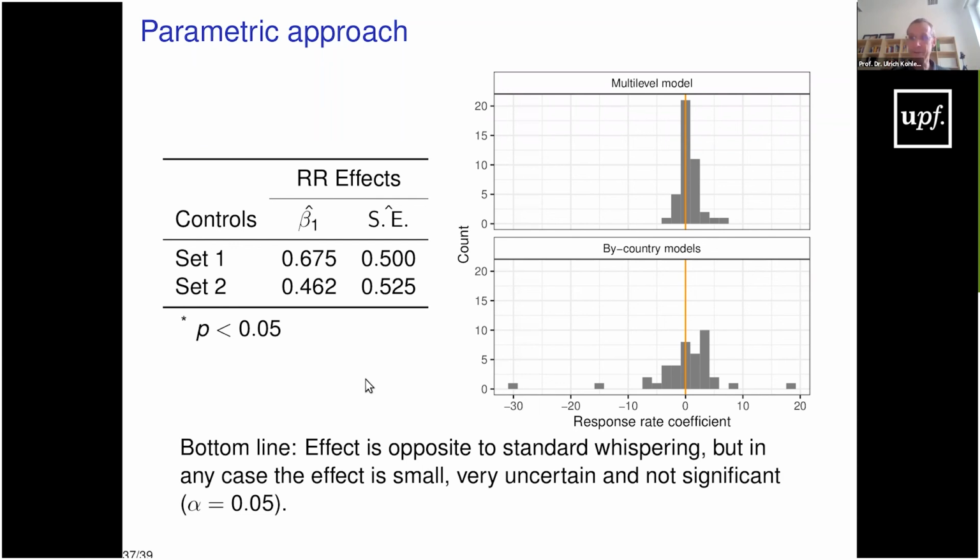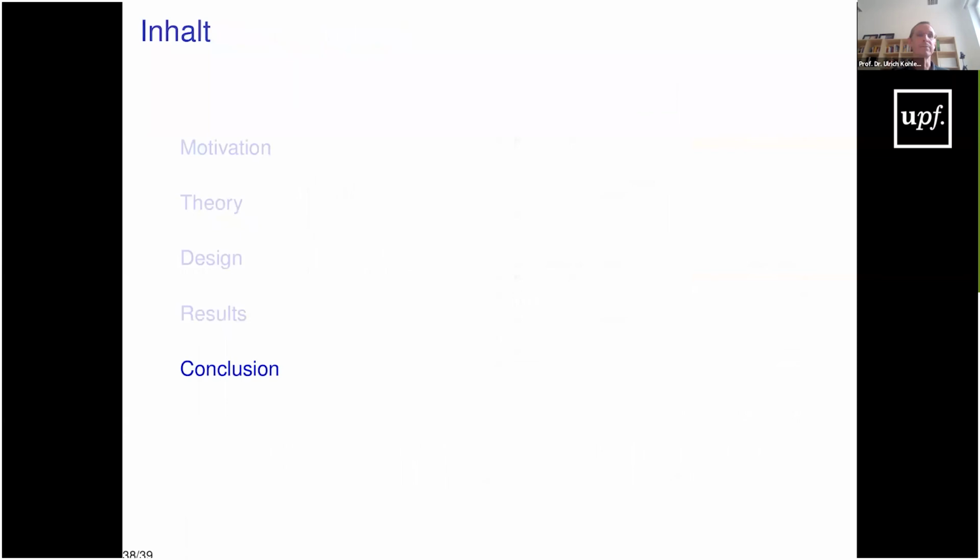It is not significant. We see that in the multi-level models, the effects tend to be rather small. In the by-country models, we have again this split-half thing, that approximately half is negative, the other half is positive. So the effect is opposite to standard expectation, but in any case, it is not significant by standard thresholds. So there's not a clear effect here.